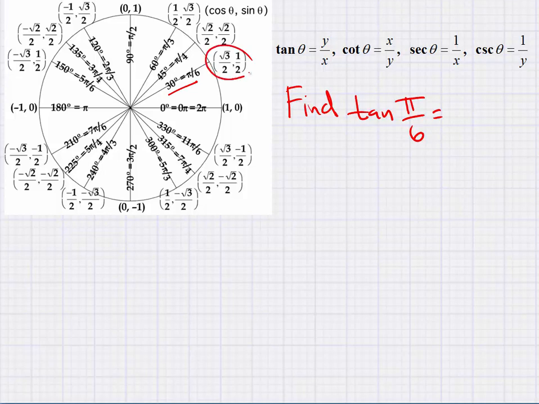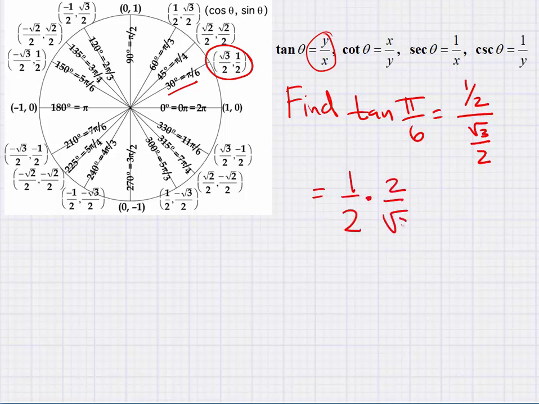Here's the point that goes along with pi/6. Since I know that tangent is y over x, tangent of pi/6 is going to be the y coordinate, which is 1/2, divided by the x coordinate, which is square root of 3 over 2. Well, if I'm dividing a fraction, I flip and multiply. The 2's cancel. I get 1 over the square root of 3.